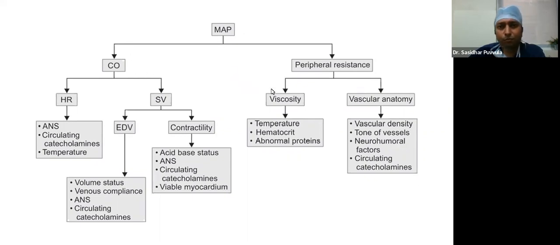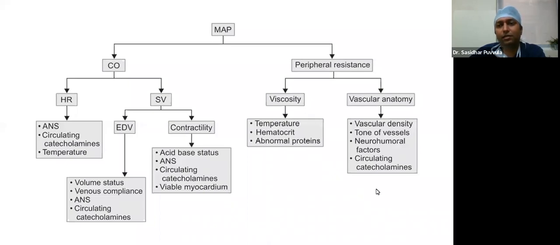The second most important factor that determines the blood pressure is your peripheral vascular resistance. As I told you, peripheral vascular resistance mainly depends on your vascular anatomy or the tone of your arterioles, which is mainly controlled by neurohormonal systems like your sympathetic system and your circulating catecholamines.